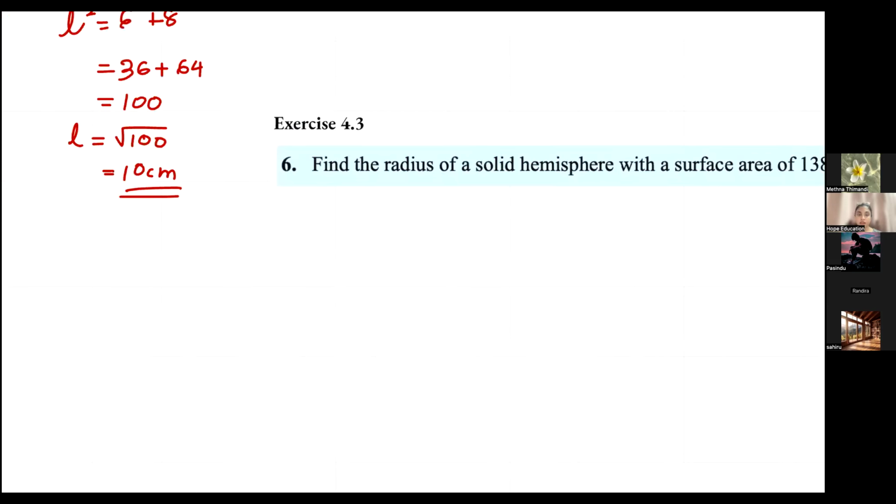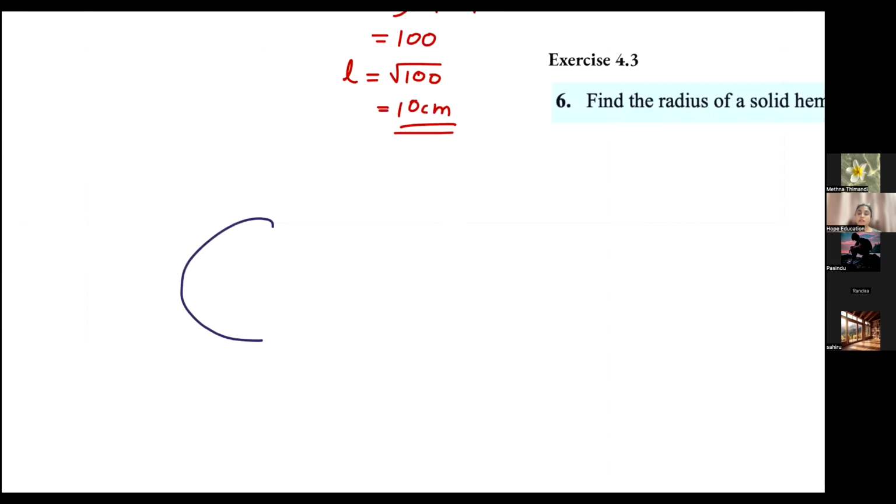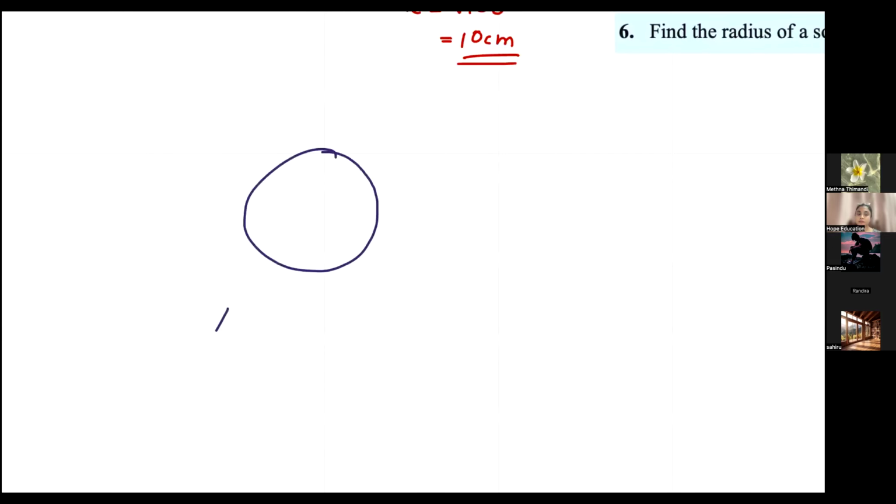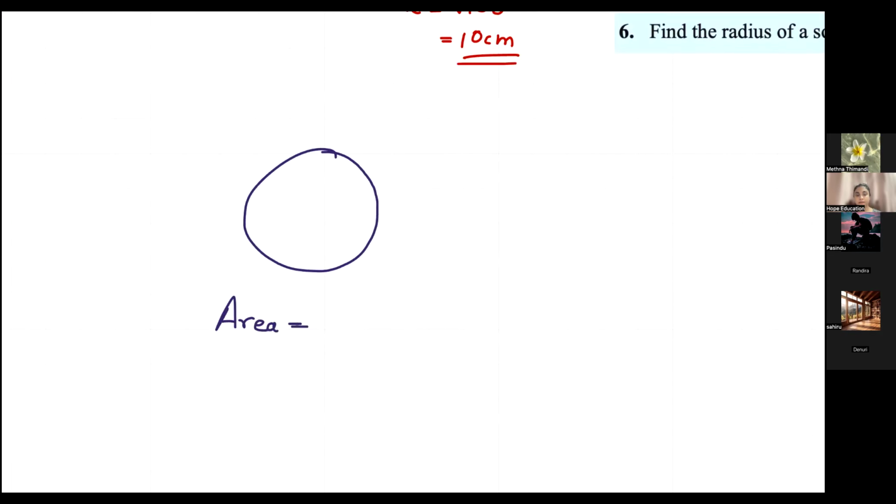If you take a full sphere, what about the area? 4 pi r squared. If you take a full sphere, you have to use 4 pi r squared.